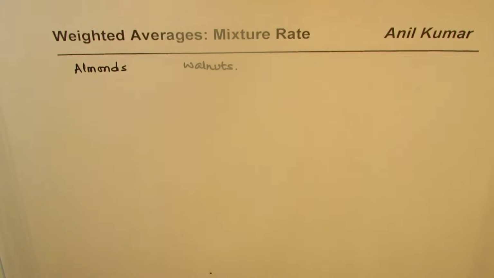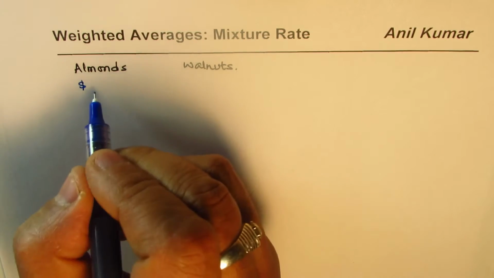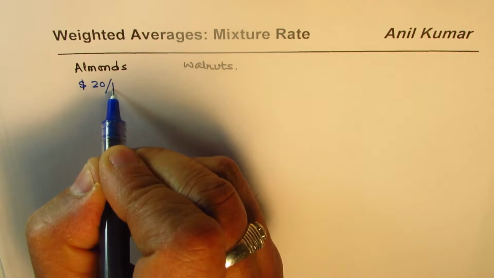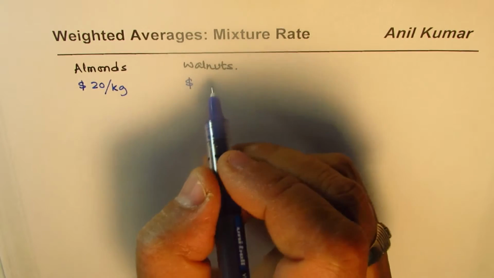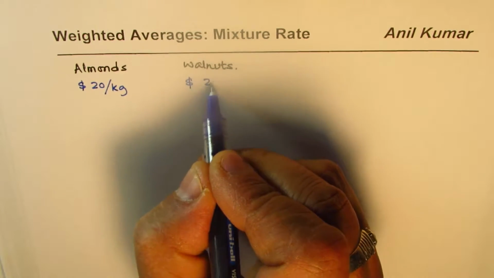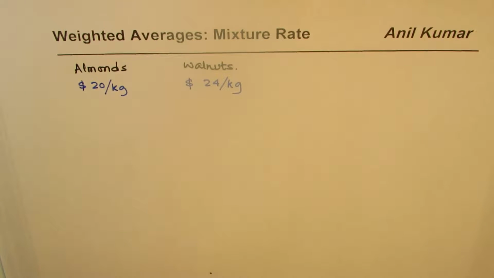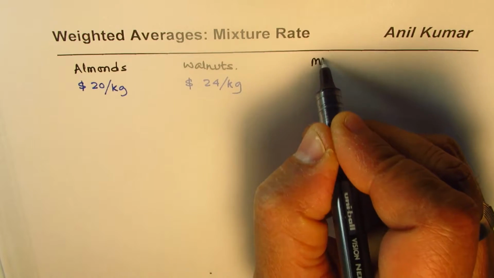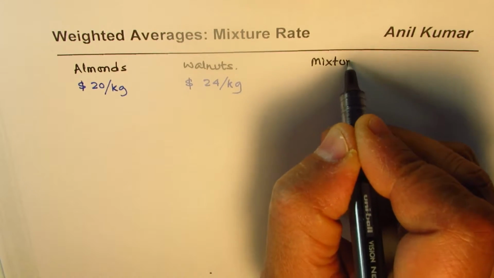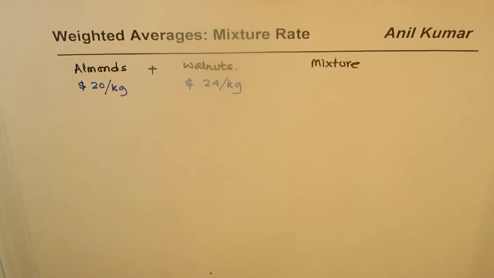And let us assume that the rate for almonds is $1.20 per kg, and that for walnuts is around $1.24 per kg. Now if we mix them in different quantities, the mixture will have different rates. So we get a mixture here, which is a mix of almonds and walnuts.